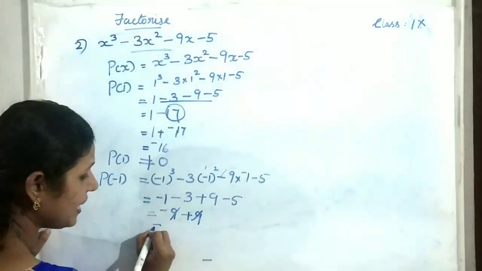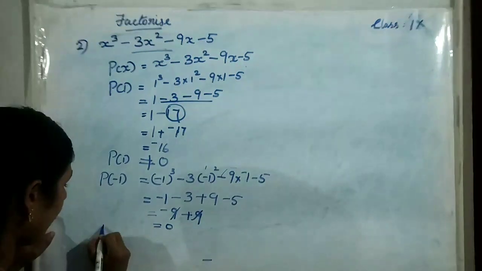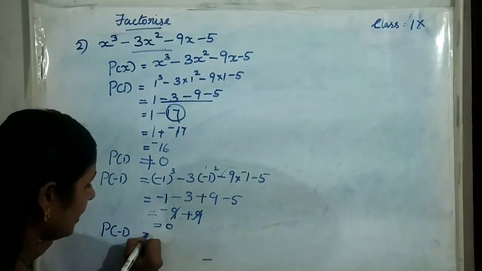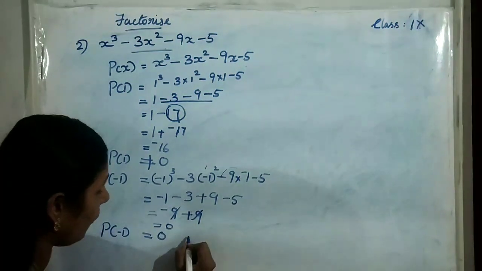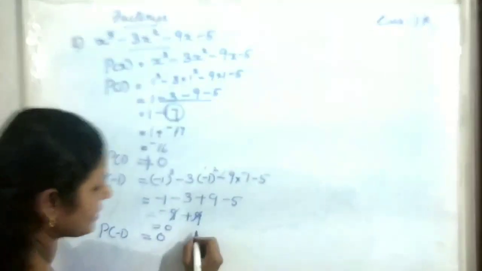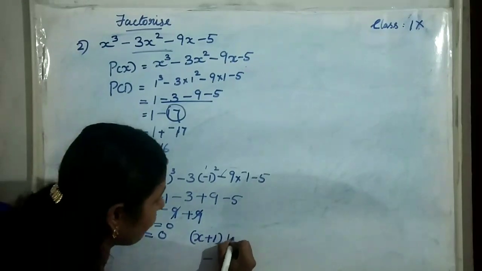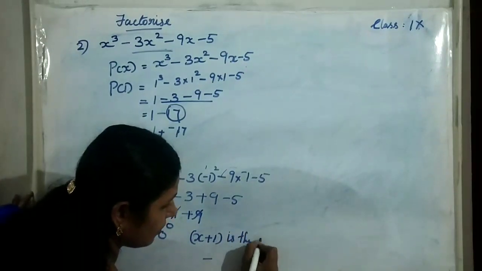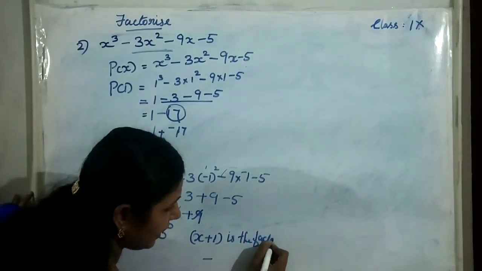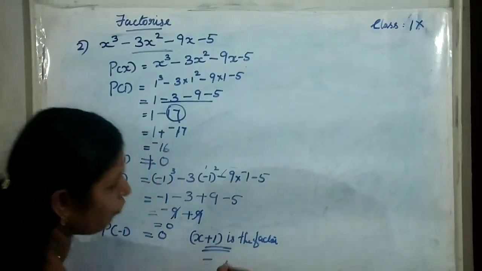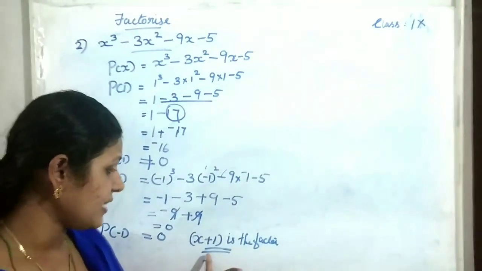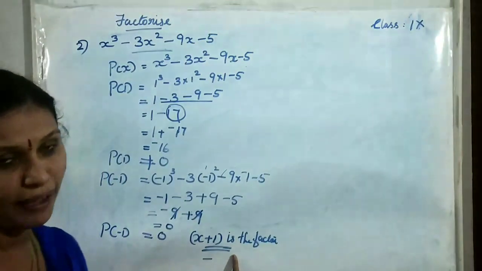We get the value 0. That is, we get p of minus 1 equal to 0. So we can say that x plus 1 is a factor. First we get the factor x plus 1.